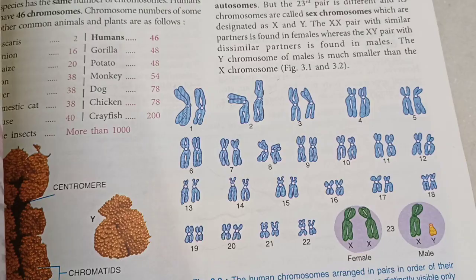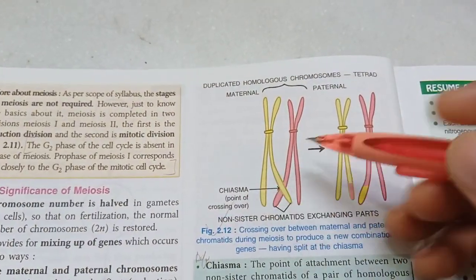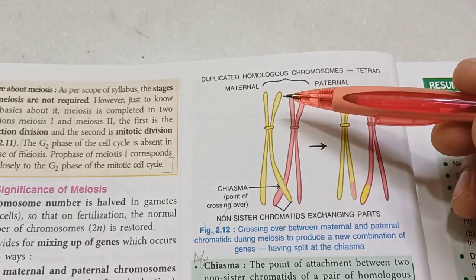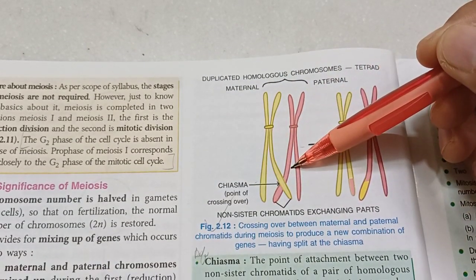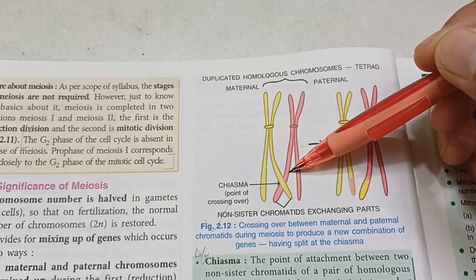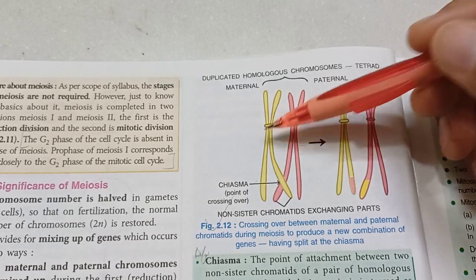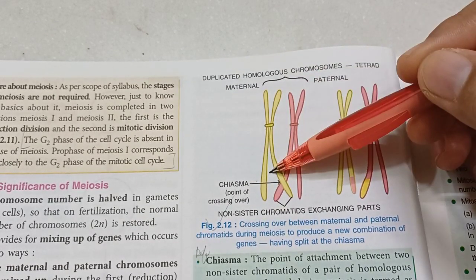But not only that, that's only half the story. Now, what if in a homologous chromosome, figure number 2.12, the homologous chromosomes have the same information, that is blue iris and brown iris, and tallness and shortness is also in the same pair. Now you may think that if this chromosome goes into the sperm, then the blue iris and the tallness information will be together.